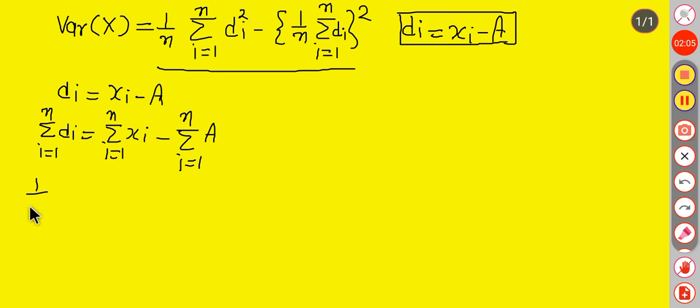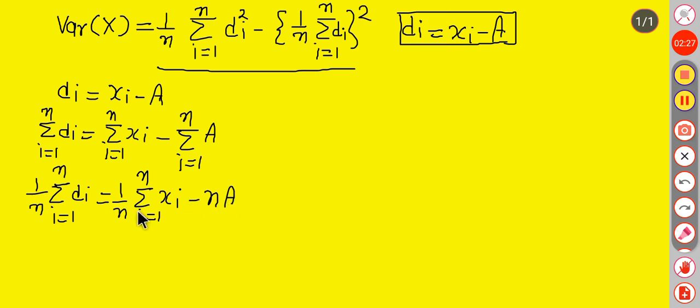So we get 1 upon n summation of di equals 1 upon n summation of xi, and you will add n times a, so that would be na. Now you can observe that this one is the mean of all deviated observations and this one is the mean of all observations. So I can write d bar is equal to x bar minus a.